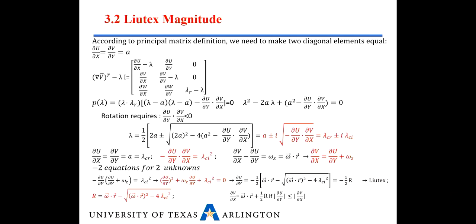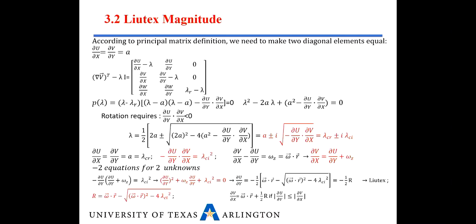Then you ask how to get this vortex magnitude. That's our new matrix we talked about, in the new system. Then we can find the eigenvalue, and we can find partial u, partial y, and partial v, partial x.